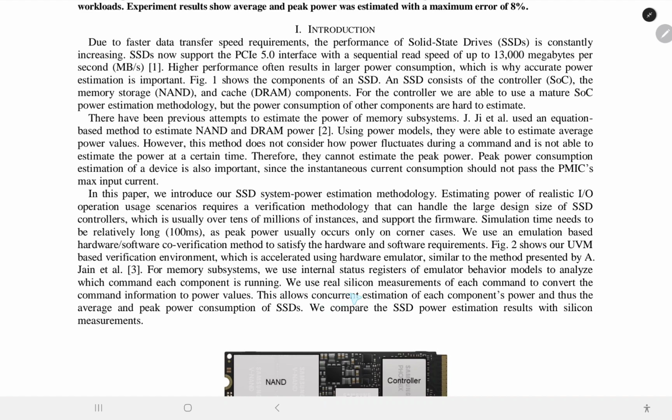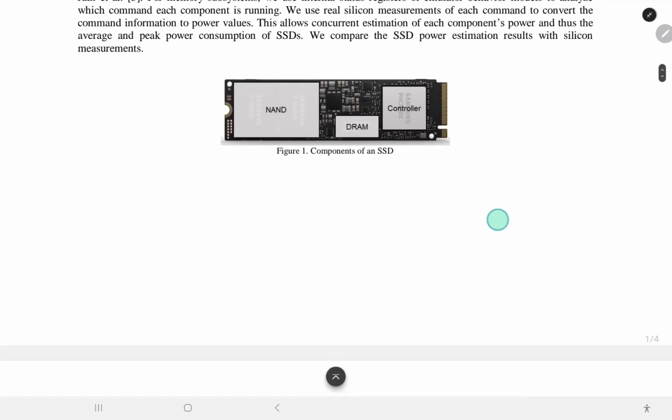We use real silicon measurements of each command to convert the command information to power values. This allows concurrent estimation of each component's power and thus the average and peak power consumption of SSDs. Then we compare the SSD power estimation result with the silicon measurement.